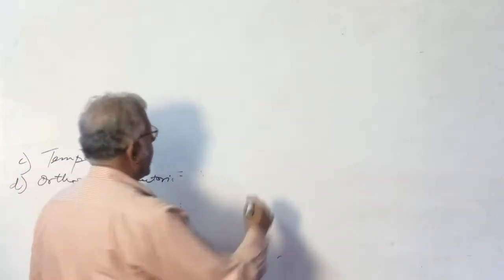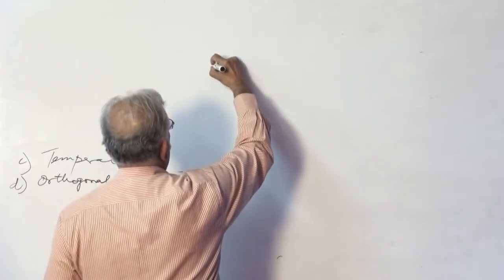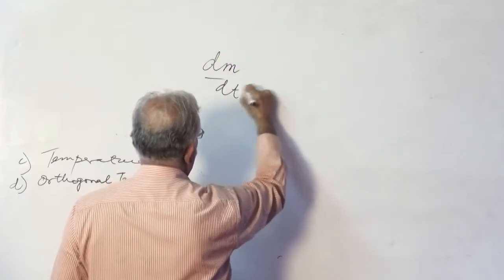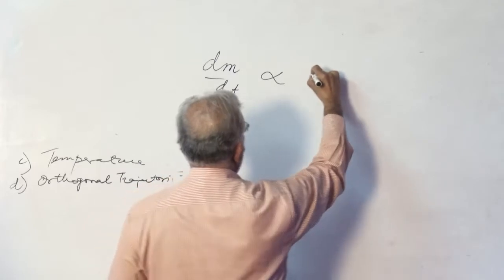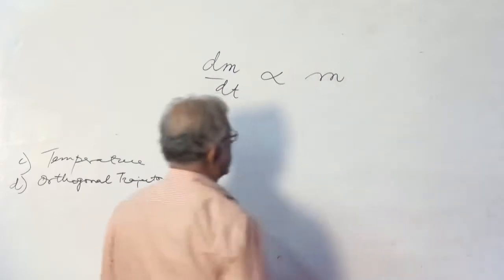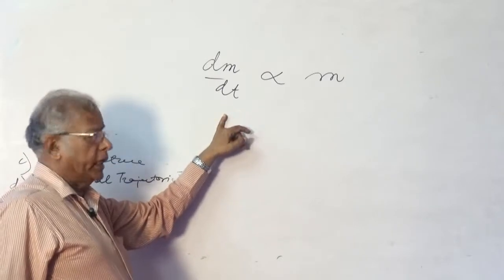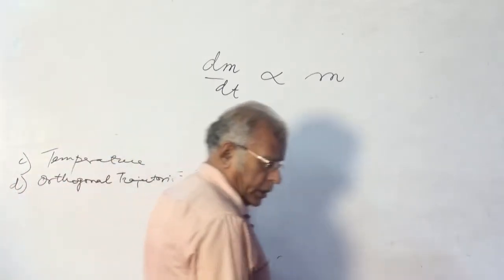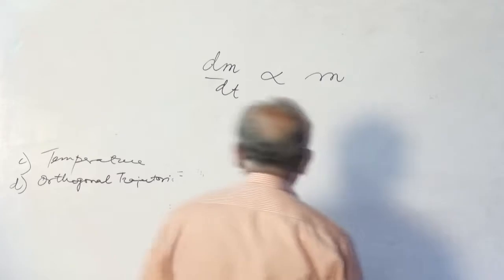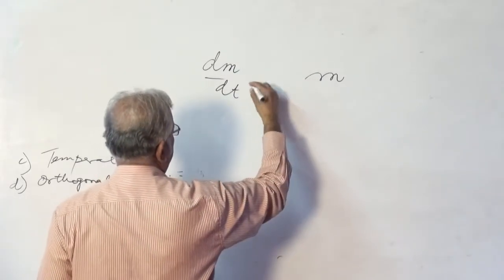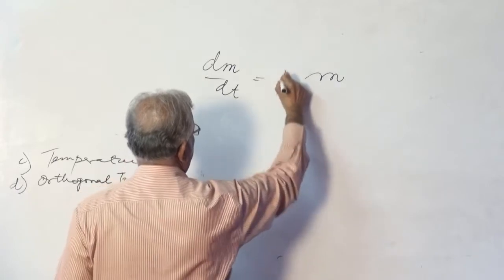In other words, dm dt is proportional to m, which is the same equation which we wrote for the decay, and then we said that this would imply this is equal to Km, putting K as a proportionality constant.